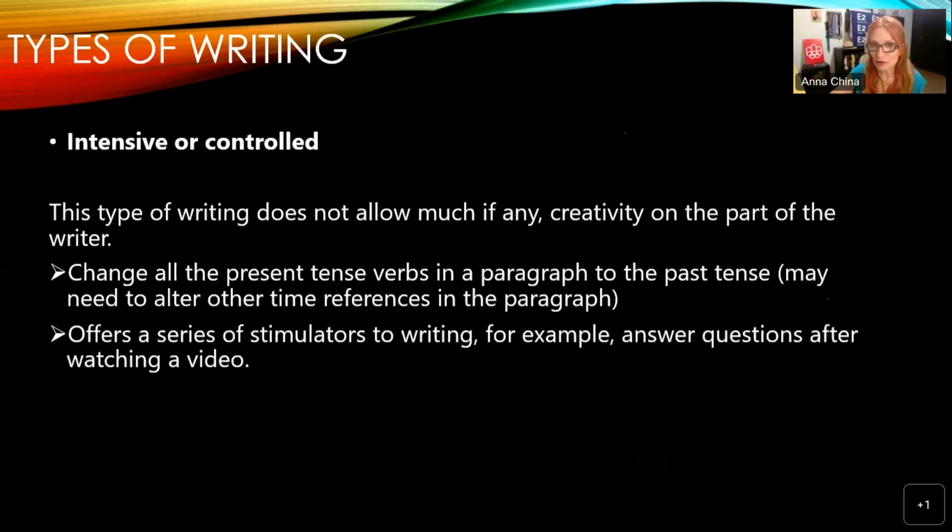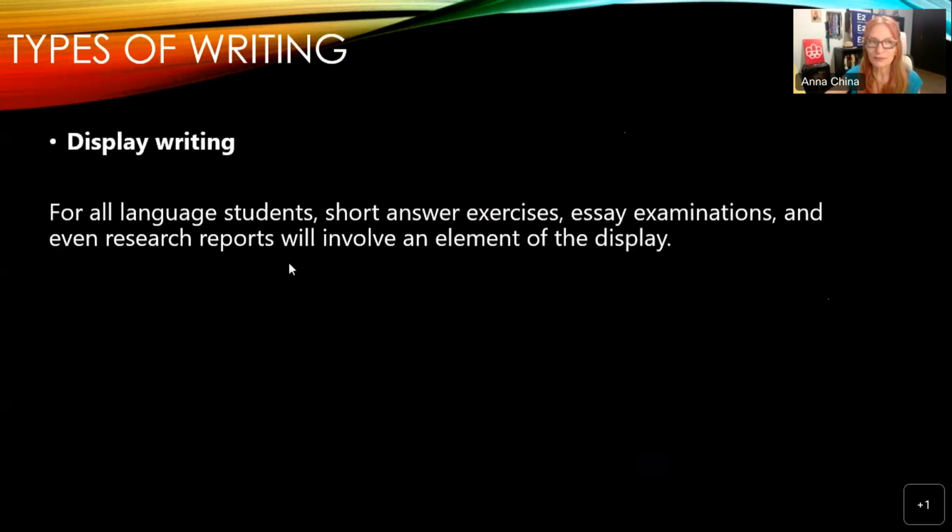So it's still controlled because they're still learning. Once again, we need to cater to their needs, challenging them, but without stretching too much, because we don't want them to feel demotivated. There's also, you can use stimulators such as a video, an image. There are so many options.